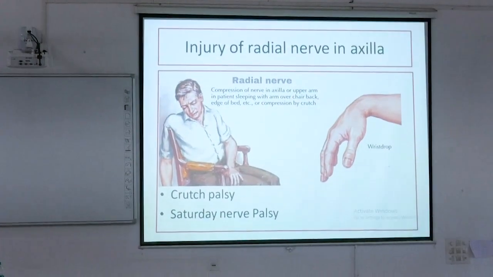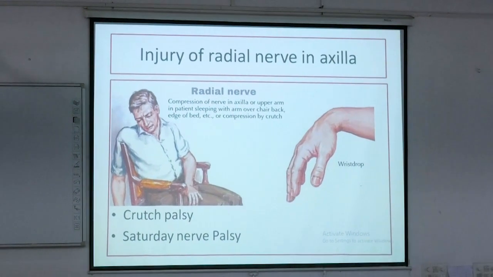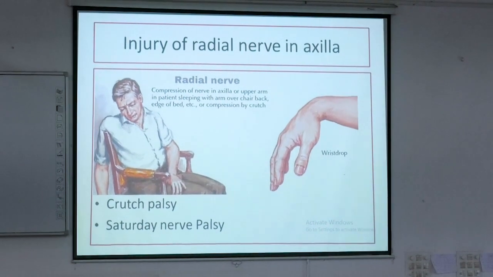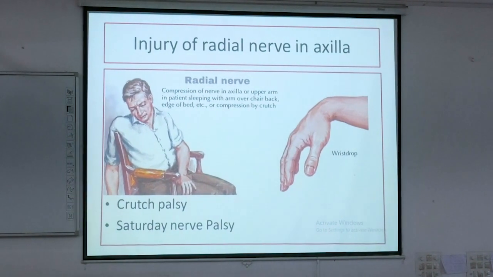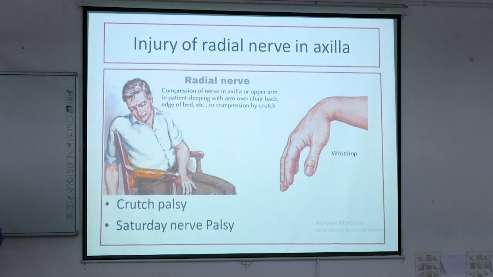আর একটা কি? স্যাটারডে নাইট পলসি। কেন বলে? স্যাটারডেতে খুব ড্রিঙ্ক করেছে, হেভি ড্রিঙ্ক, বুজ করেছে, তারপরে বাড়িতে গিয়ে এভাবে ঘুমিয়ে গেছে, করে কন্টিনিউয়াস কম্প্রেশন, ultimately paralysis of the radial nerve.